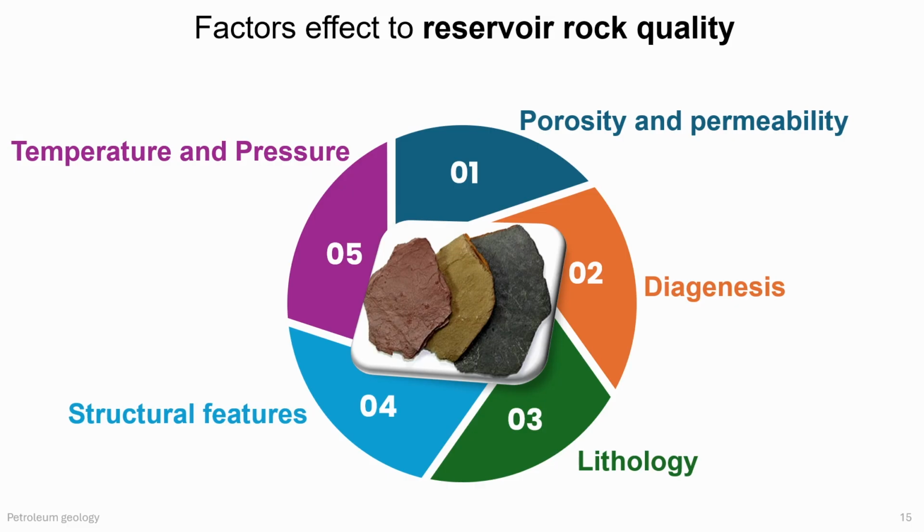A good reservoir typically has high porosity, good permeability, and favorable geological conditions. But quality is not determined by one factor alone. It results from the combined effects of rock type, burial history, geochemistry, stress, and structure.